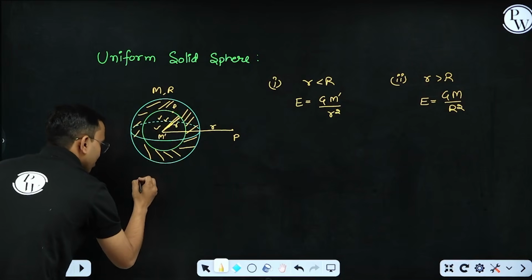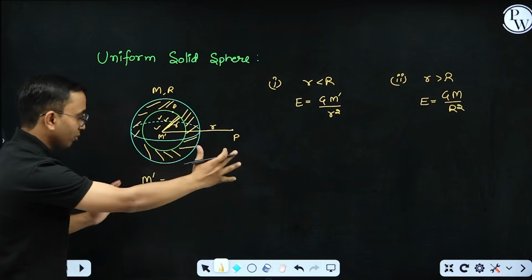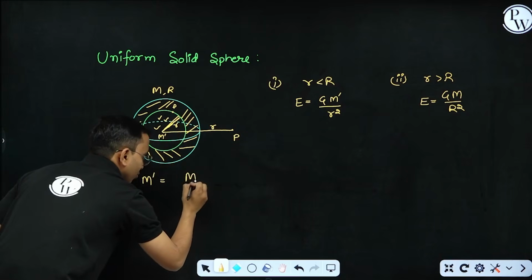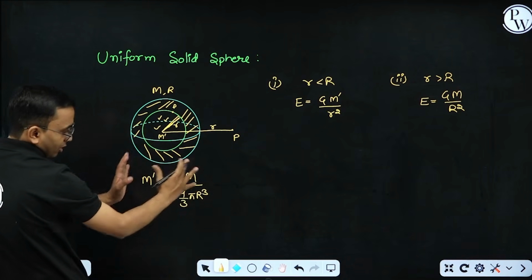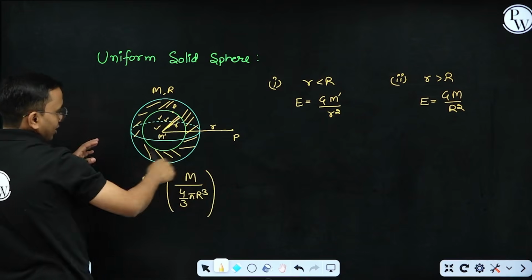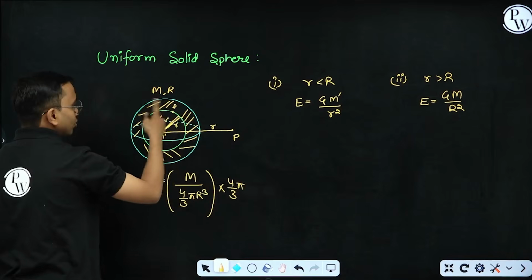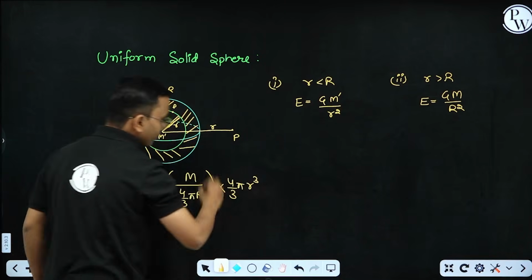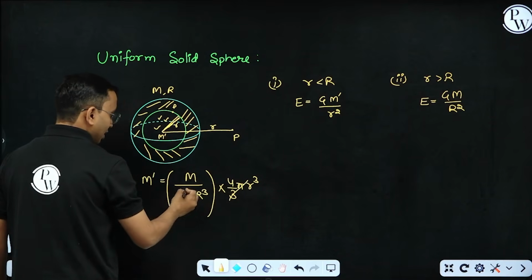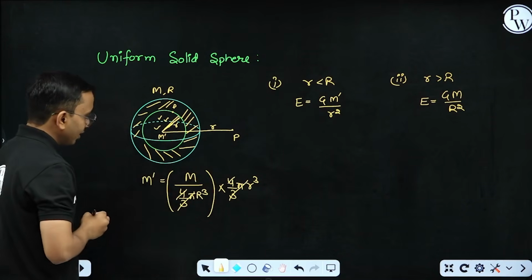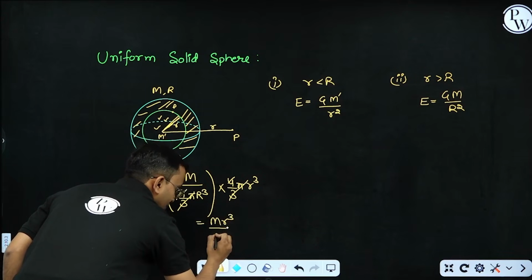So this mass m dash will be equal to the mass per unit volume into the volume of this inner sphere. Mass per unit volume is total mass divided by total volume. The volume of the inner one is 4 by 3 pi r cube. Here the 4 by 3 pi part gets cancelled, and we get m dash equal to capital M into r cube divided by capital R cube.